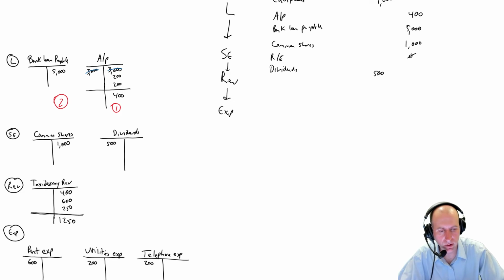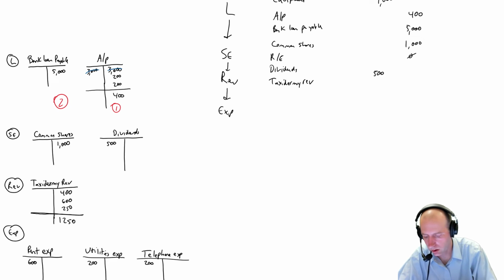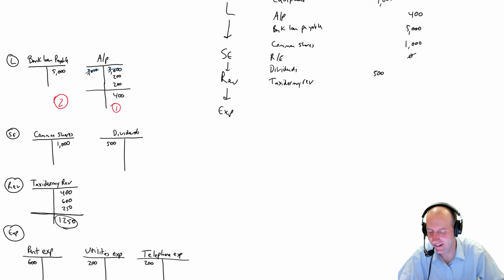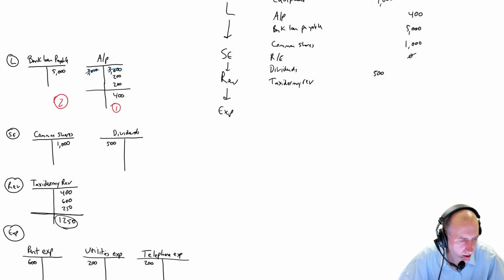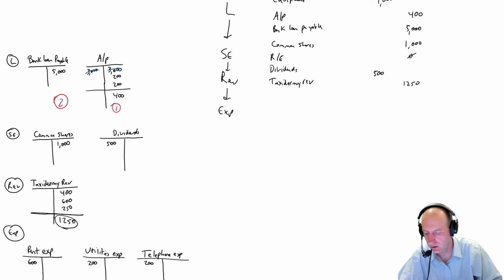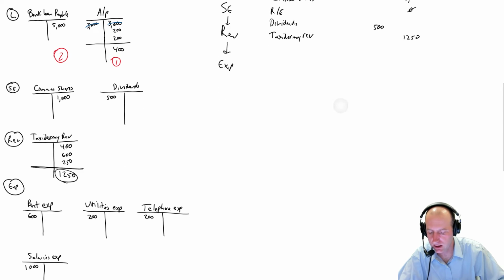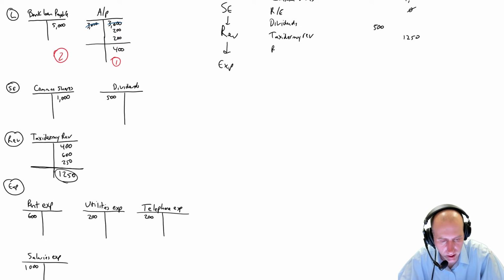Next, we got our revenues and expenses. So we've got taxidermy revenue. And I'm literally writing the amounts from over here, transferring those amounts, 1250. And now my expenses: rent, utilities, telephone, and salaries.